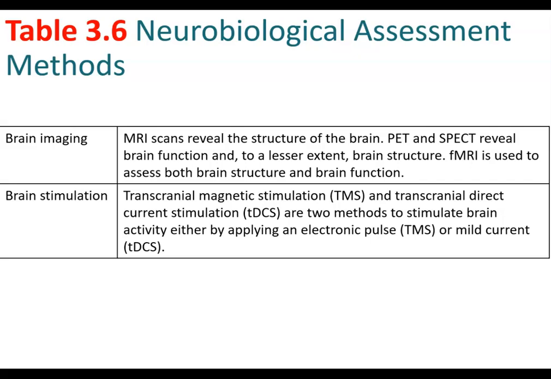That is fMRI, which stands for functional MRI. As you can see, I listed brain stimulation too, like applying an electrical pulse or a mild current to the brain in order to cause neuronal initiation.